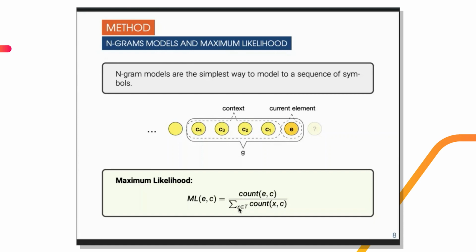So on the bottom, we're summing over T, which is all the elements which have been seen in the examples. The notation here may be a little bit different to what is commonly used, but I set it up to look like a function of two arguments, where the first argument is the current element and the second argument is the context.